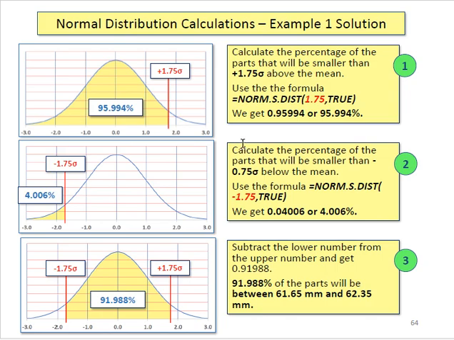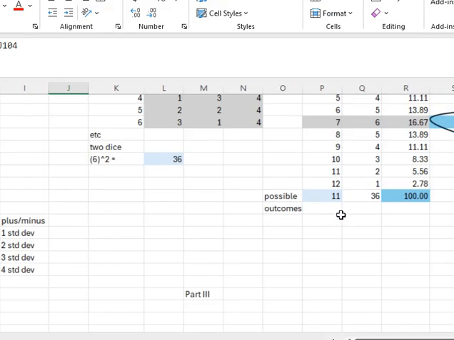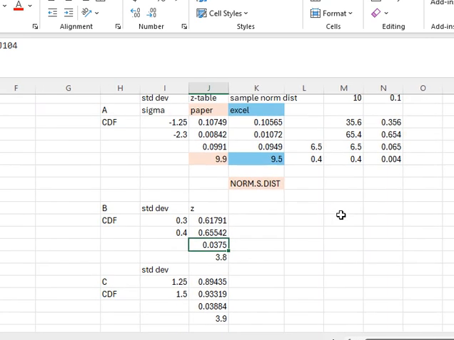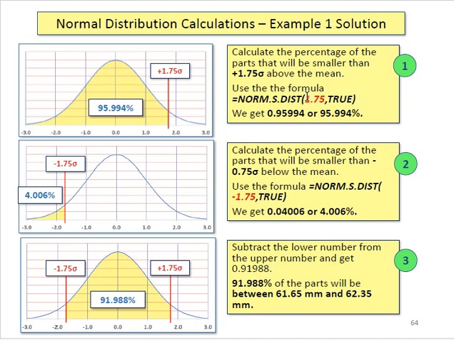So then we're going to come back here and use the input, which I have already shown you, NORM.S.DIST, which is this guy that I just showed you. We're going to input that and give that standard deviation, which is 1.75, and then make it TRUE.